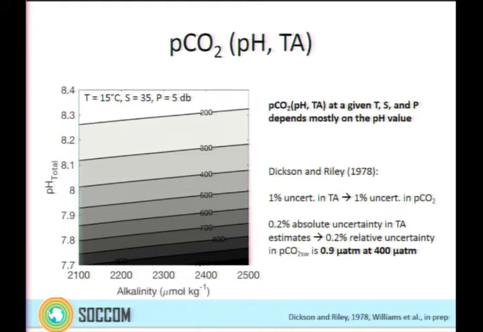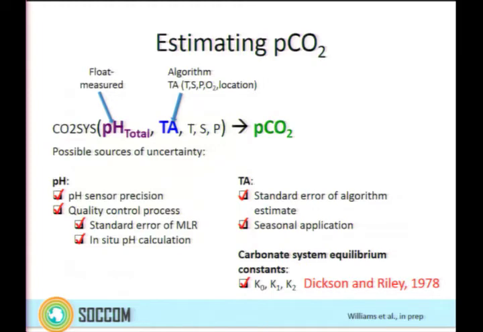Dixon and Riley, 1978, calculated that a 1% uncertainty in alkalinity converts to a 1% uncertainty in a calculated PCO2. And here we're talking about 5 micromoles per kilogram, which is about 0.2% uncertainty in alkalinity. So that's just 1 microatmosphere. So even if we're off in the winter by 3 times that, we're talking about 3 microatmospheres. And then I said there's also some uncertainty in these equilibrium constants.